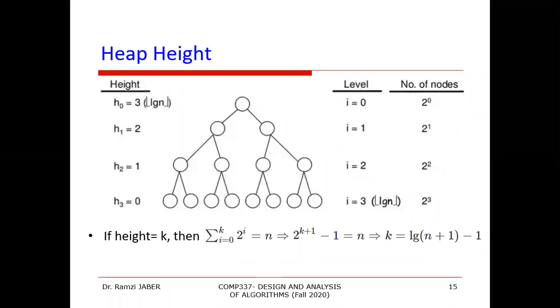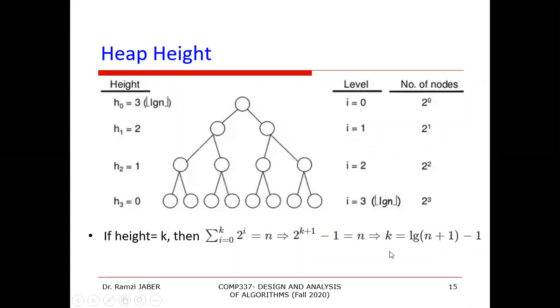We have n elements and we distribute them into the binary tree, so this equation must be satisfied: 2 power 0 plus 2 power 1 plus 2 power 2 plus ... plus 2 power k must equal n to be complete. So the summation equals 2 power k plus 1 minus 1 equals n. Then k equals log of n plus 1, minus 1.